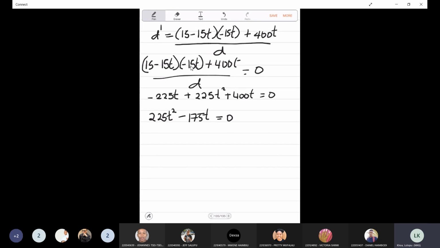Okay, then we can factorize, where t is equal to 175 divided by 225, which is 7/9.